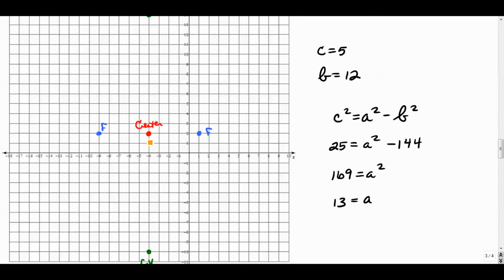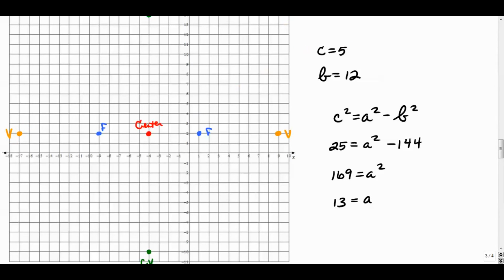So we're going to go 13 this way and 13 this way and put our vertices. So let's see, 13: 1, 2, 3, 4, 5, 6, 7, 8, 9, 10, 11, 12, 13. There's one of our vertices. And 13 in this direction should put us at negative 17. Cool.